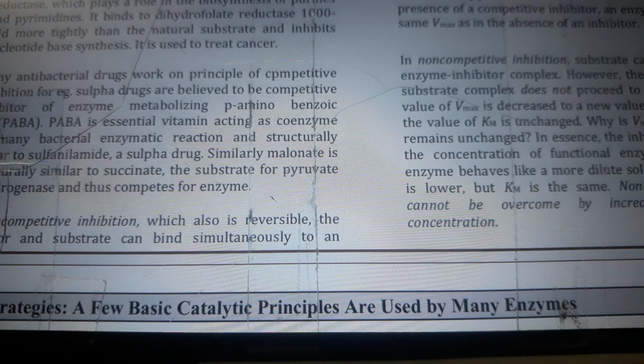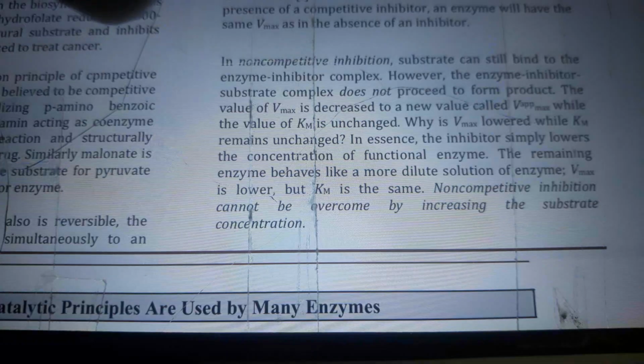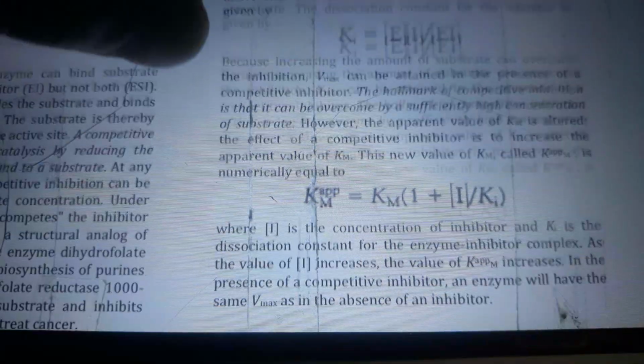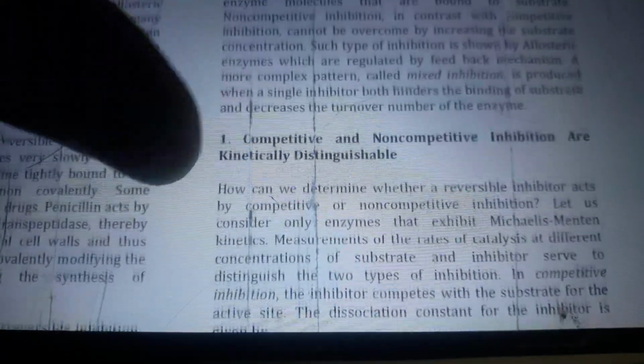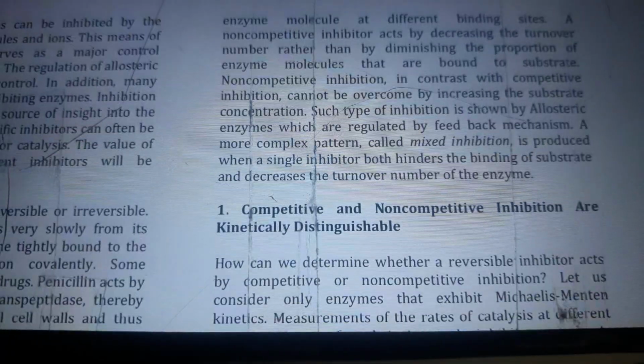In non-competitive inhibition, which is also reversible, the inhibitor and substrate can bind simultaneously to the enzyme molecule at different binding sites. A non-competitive inhibitor acts by decreasing the turnover number rather than by diminishing the proportion of enzyme molecules that are bound to substrate.